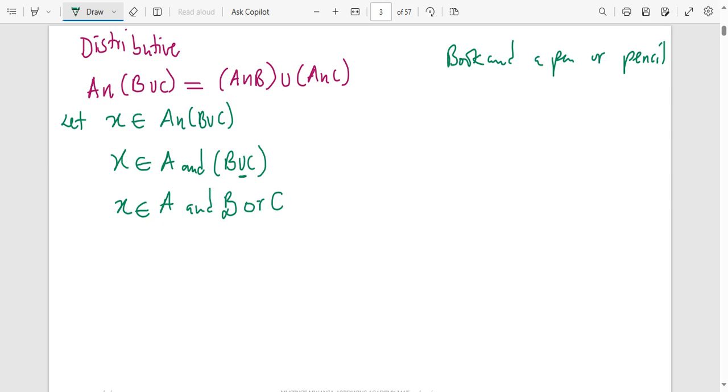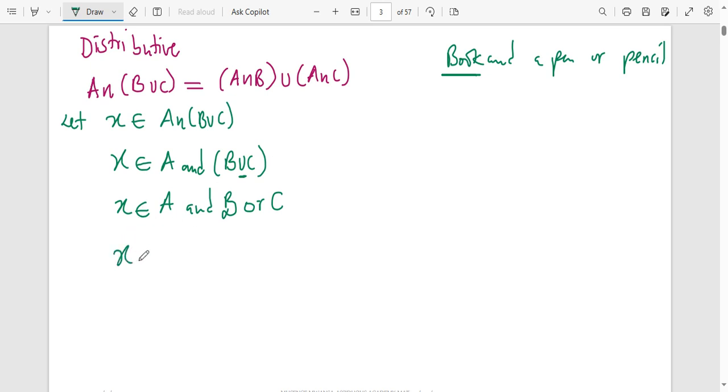So which one is a must buy? A book. You need always to buy a book, but then there is a choice for me to buy either a pen or a pencil, meaning that I can either go with a book and a pen, or I can go with a book and a pencil. So this is how we are going to change here.